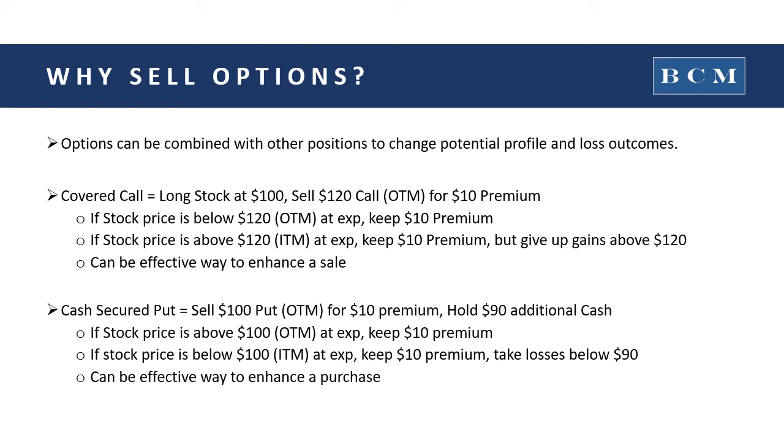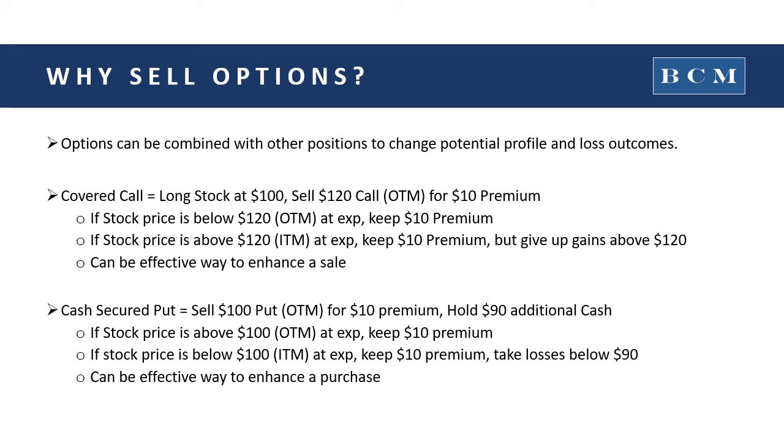Again, that's not going to be an issue because we have cash in the account, right? It was a cash secured put, so we know we can just buy the stock as required. But if the stock goes below $90, then we're going to lose dollar for dollar, all the way down to $0, right? Which is the lowest the stock price can go.